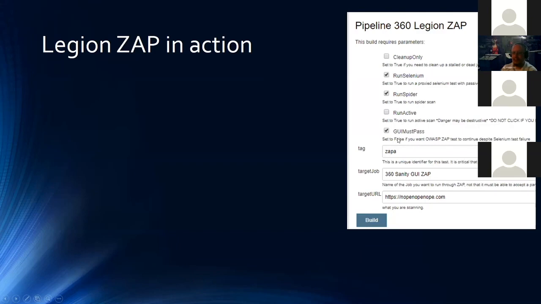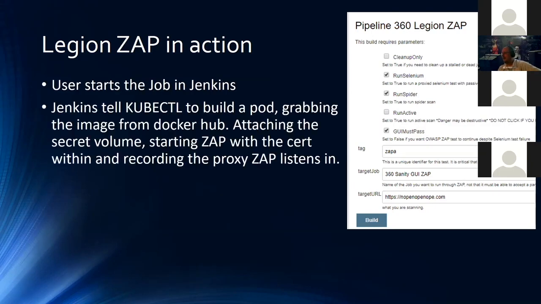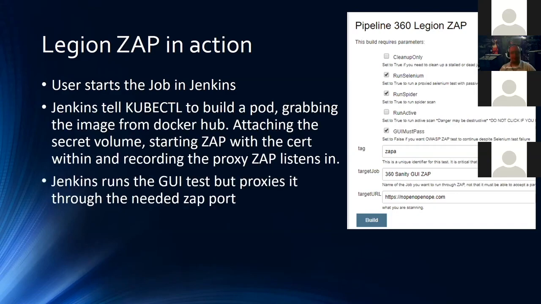Sometimes with a Selenium test, they may not be sure that everything's going to pass, so that's just to make sure they don't mark the job as a failure in the case that happens. And the target job would be another Selenium job that actually runs the guiding Selenium tests on there. And exactly as I was talking about before, it's going to build a pod, run it through, and this is how that is all automated.